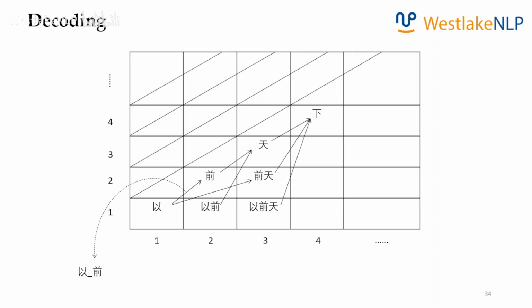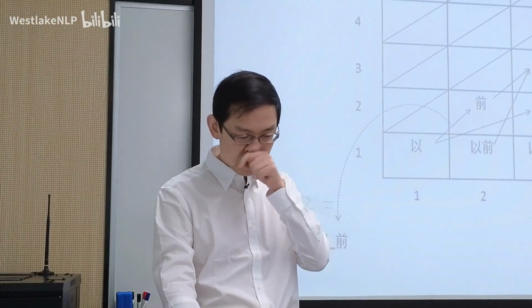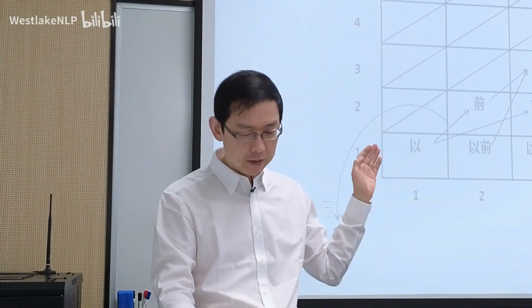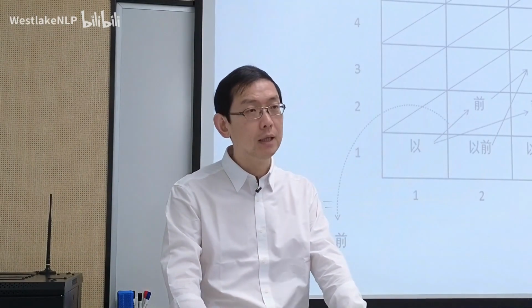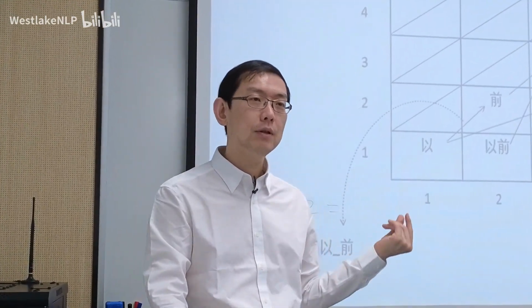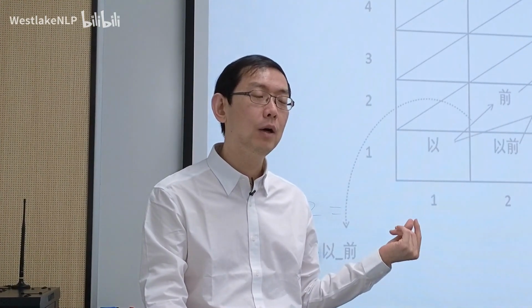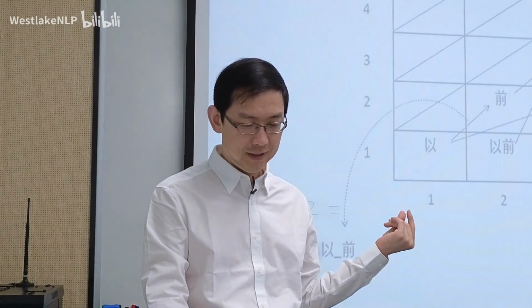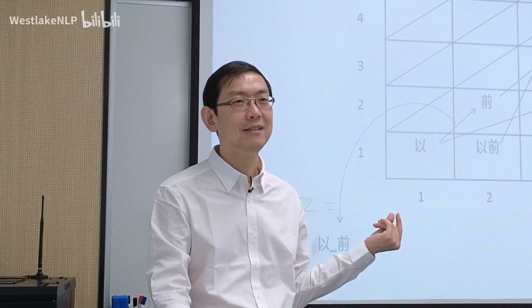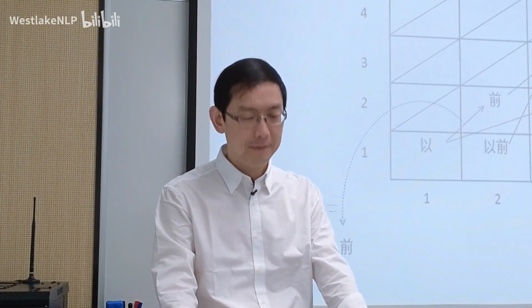This bottom left cell stores the highest scored subsequence where the last word is 以. Given this, we can move on to the next cell. First row, second column. What does it mean? It means the highest scored sequence where the last word is 以前. This is easy to fill, right?